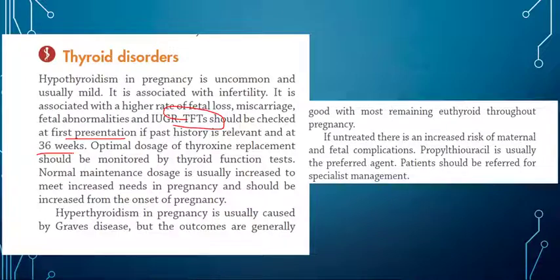And if the patient has hypothyroidism, you have to give them thyroxine replacement therapy. Normally we use an increased dose of thyroxine during pregnancy because during pregnancy, the patient usually needs more thyroxine than usual. And hyperthyroidism is usually caused by Graves' disease.